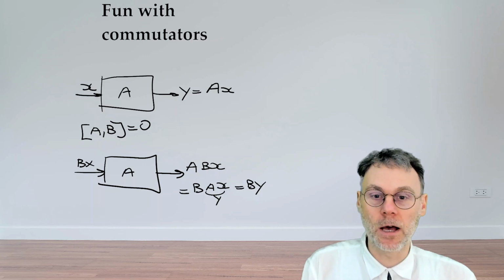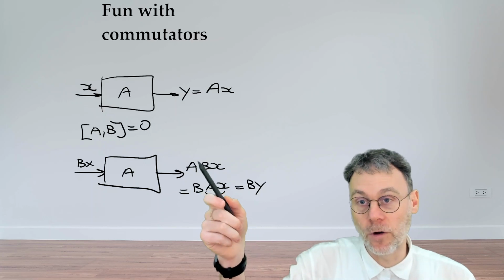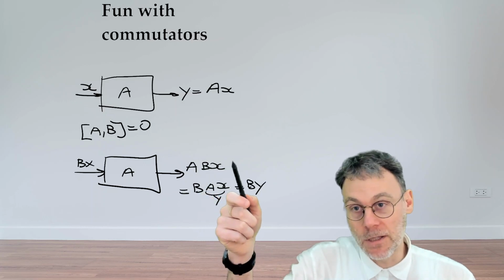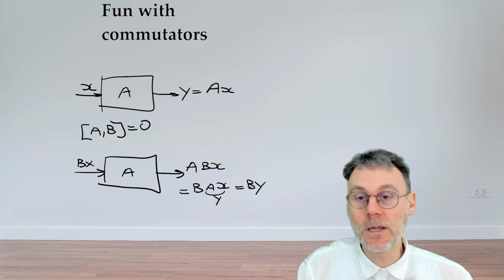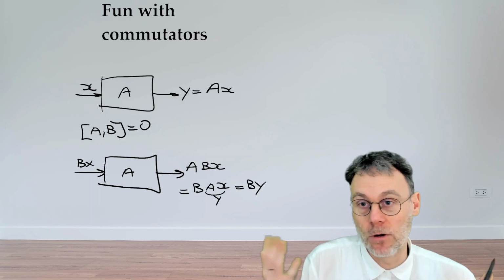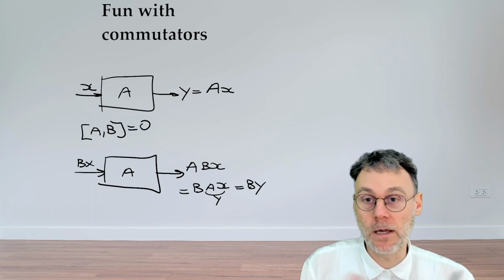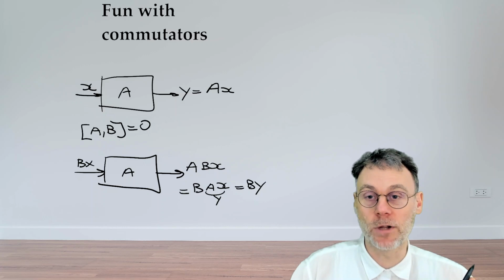For example, by trying to see what would happen if, let's say, x is an eigenfunction of B. Then we can sneakily get rid of this B here, and hopefully, if we're creative, we can also derive a similar conclusion that perhaps will only hold for very specific inputs, without making use of the fact that these two operators A and B commute. So try your hand at this and see what happens.